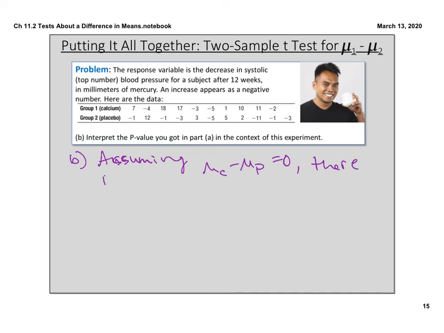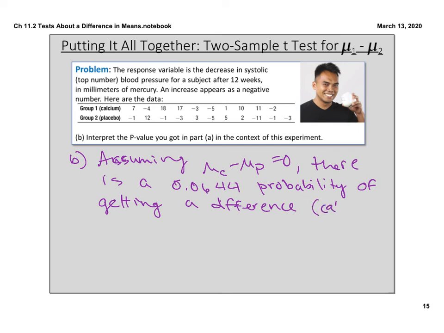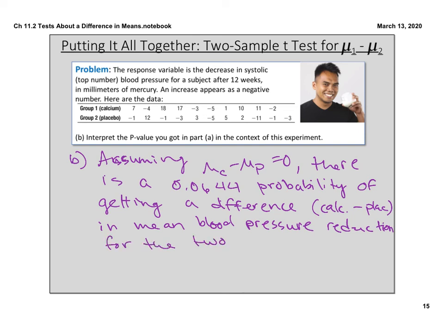There is a 0.0644 probability of getting a difference of calcium minus placebo in mean blood pressure reduction for the two groups of 5, and then address that difference, 5.273 or greater, just by chance alone.